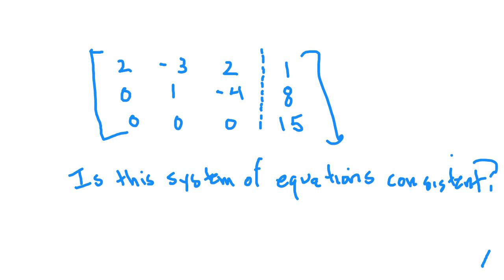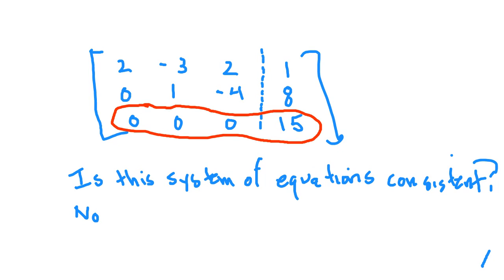Yasin and Jonathan say no. Okay, well, why would that be? What's the last equation say? You can see it's in triangular form. Yeah, 0 can't equal 15.